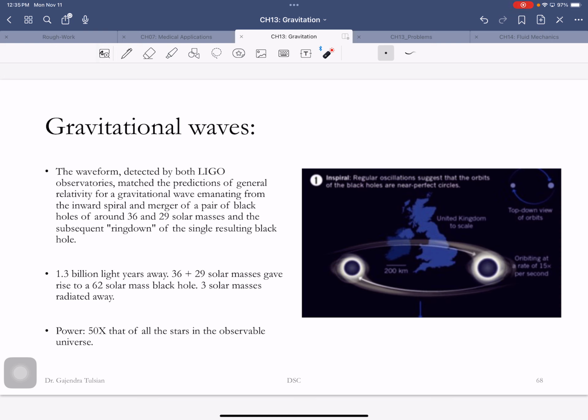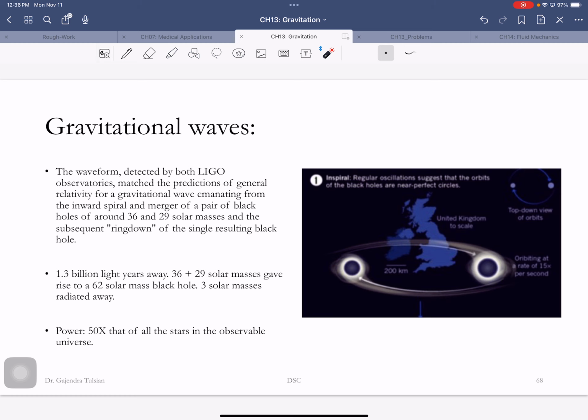So they're going around each other, and we detected the gravitational waves emitted by these guys. These guys were 1.3 billion light years away, so it took 1.3 billion years for that signal to reach us.